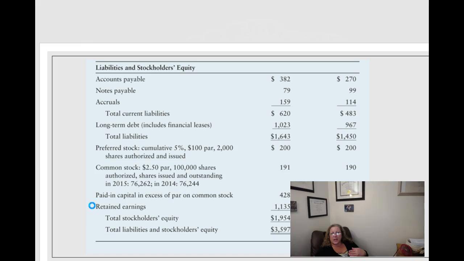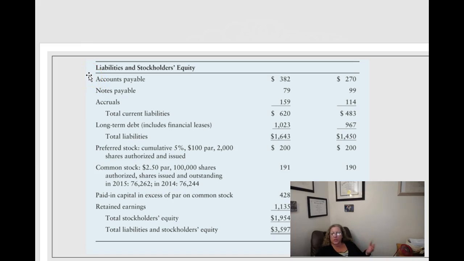This is money that was earned by the business and has not been distributed. Okay, so looking at the top, we have accounts payable, and then notes payable, accruals, and we get a total liability, current liability. Accounts payable is going to be money that you owe, perhaps to your suppliers.